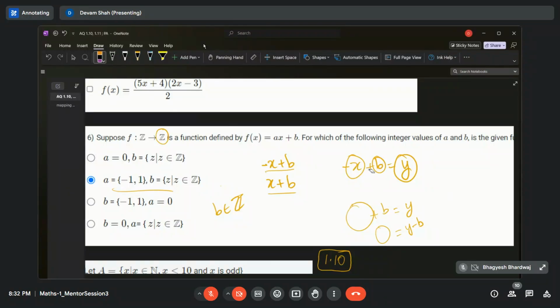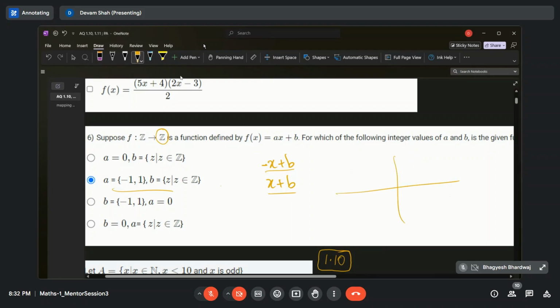You can check it this way, or else for simple functions like this, you can make a graph. Now you know that at some value of integer, it would be an integer. Something like this, right? For this one, because it's minus 1 slope. Anyone facing any trouble? Okay.